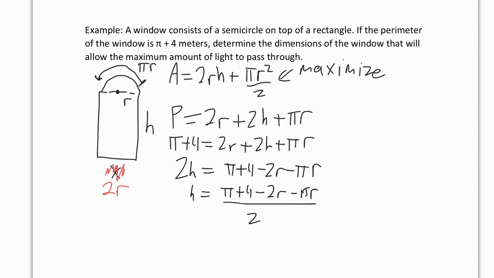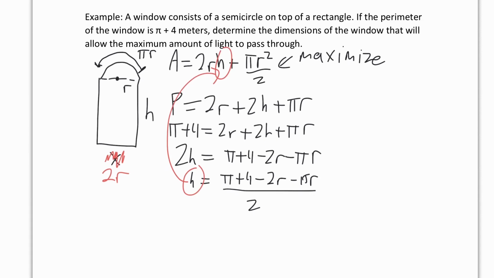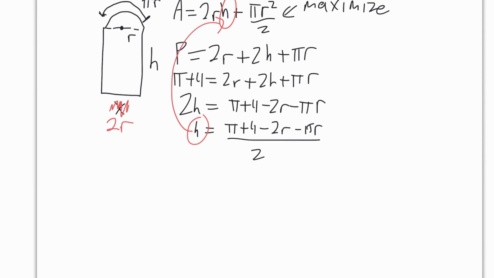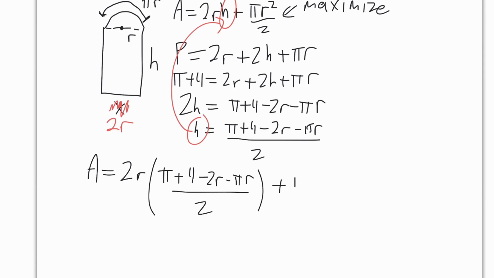And so let's take that h there, and let's sub it in for our h. So that will give me area is equal to 2r times, well, I'll have pi plus 4 minus 2r minus pi r over 2 plus pi r squared over 2.